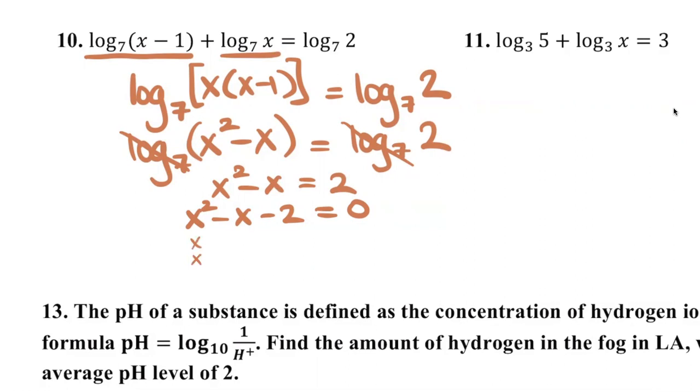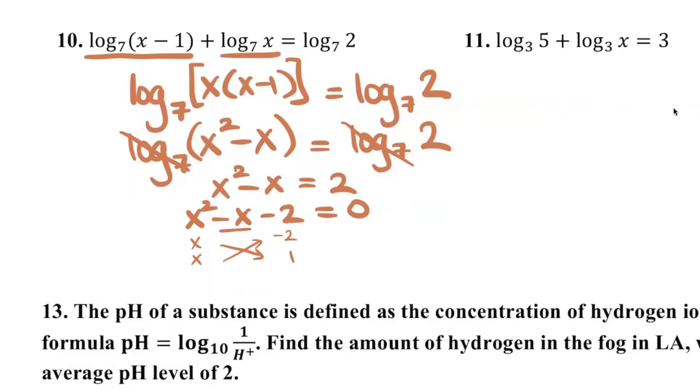What times x gets you negative 2? So that's negative 2 and 1. And just cross multiply. I get 1x. Cross multiply, I get minus 2x. And that gets me negative 1x, which is that middle term. So once you have that middle term, you know that your factoring is correct.